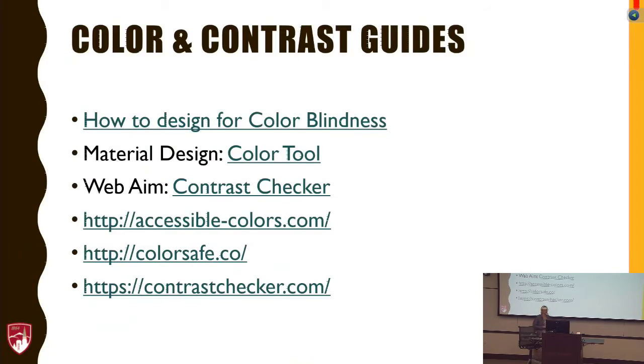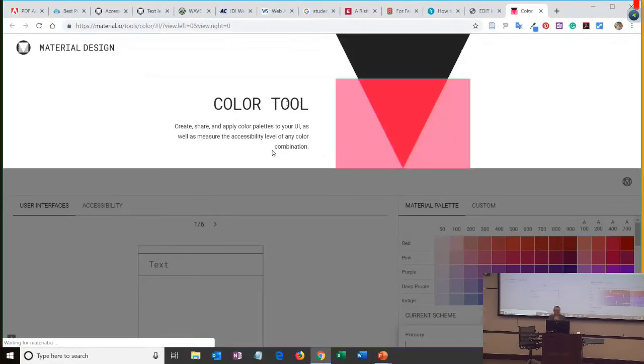So there are so many sources out there that will help you learn about how to design for websites. There's this color tool. I don't know how many of you have used Google's Material Design. I do a lot of design.